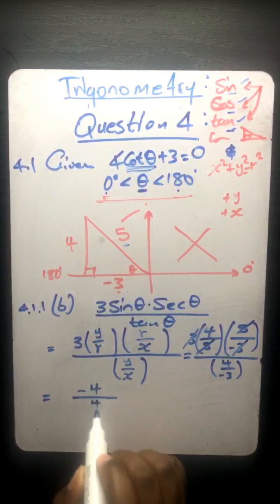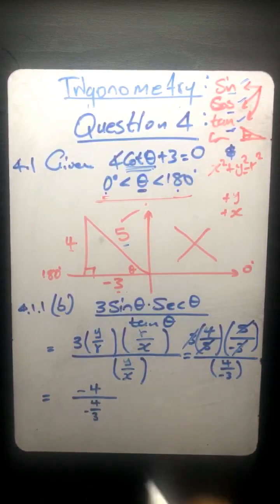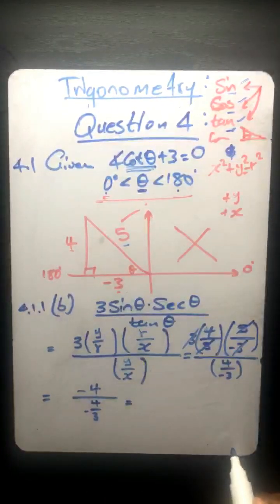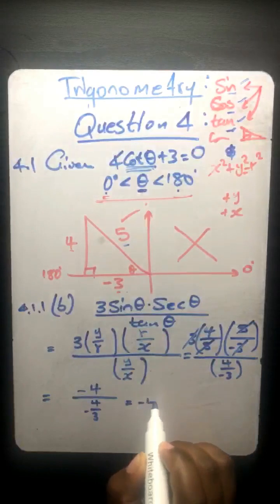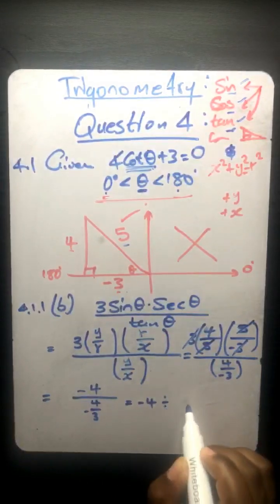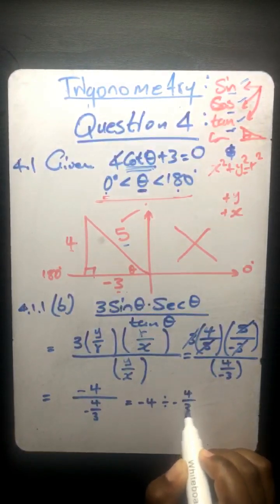Obviously, you still have your 4 over 3 with a negative sign. And remember, they said you mustn't use your calculator. So you end up having negative 4 divided by negative 4 over 3.